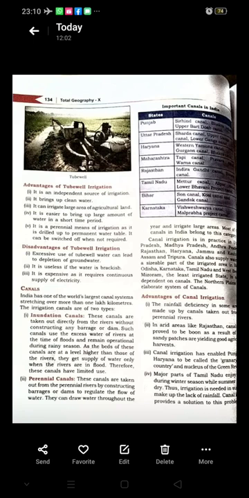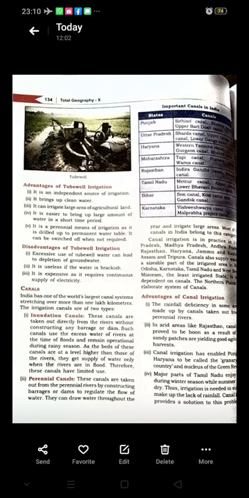These canals are taken out from the rivers without any regulating systems like weirs or barrages at their head to regulate the flow of the river. So in an inundation canal, there are no weirs, no barrage.